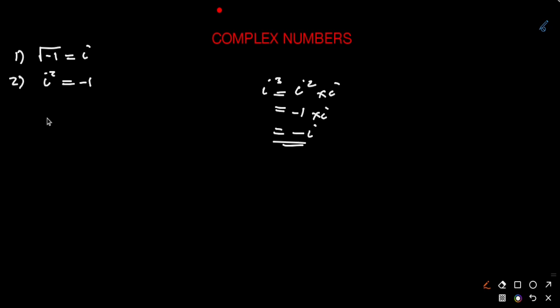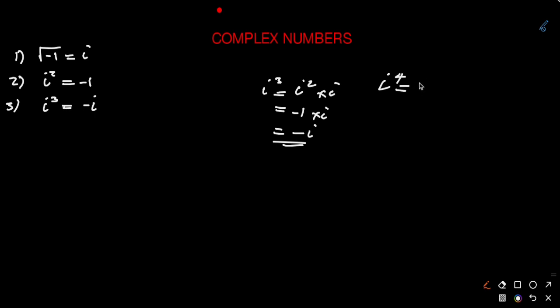Therefore, number 3, if you're having i to the power 3, this is going to be equal to -i. This one is very, very important. Then let's say you have been told to find what i to the power 4 is. How can you go about this? Simple.